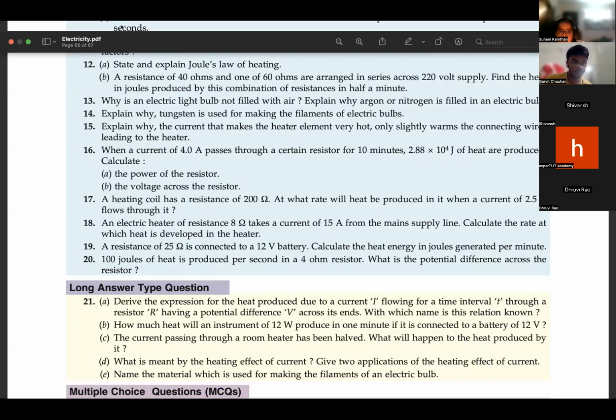I've sent the questions on your WhatsApp numbers. I have received from Suhani, Garvit, Hriday, Dhruvi, Ishan, and Shivansh, everyone. Don't turn off your videos.